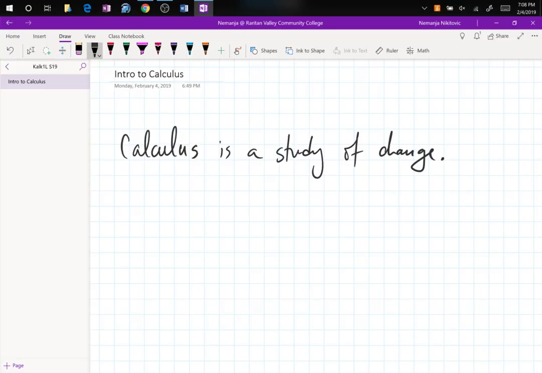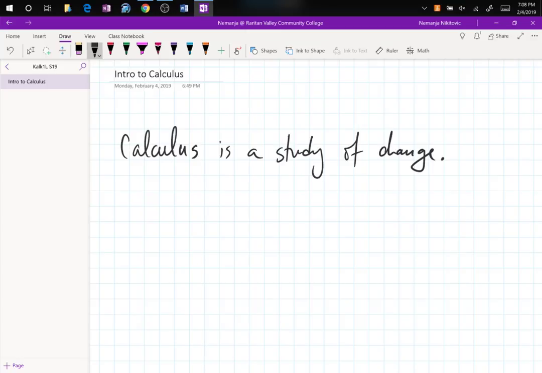You also change your distance in time. Distance is measured in miles, and time is measured in hours. So how fast are you changing your distance per time? We say speed, or velocity. We will talk about these concepts. There is a whole section for it coming up in chapter 3 or 4.